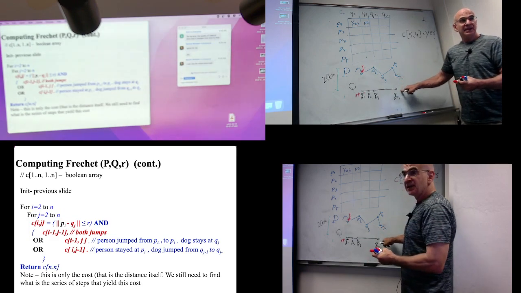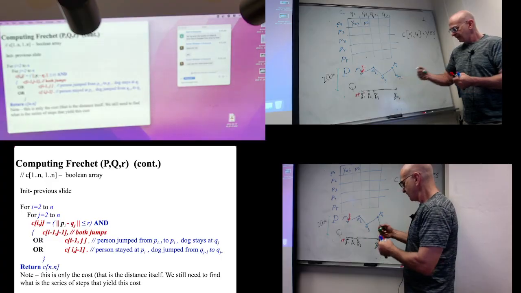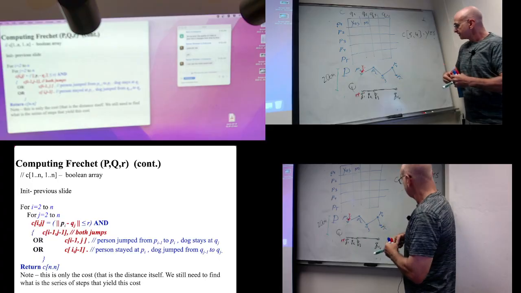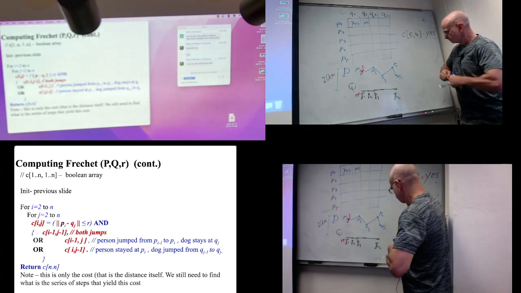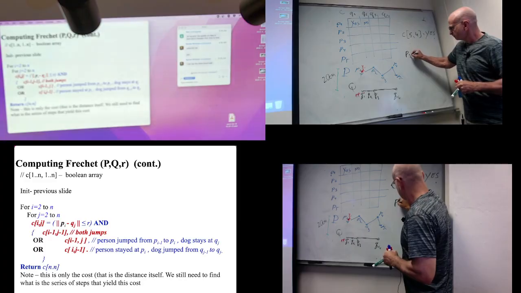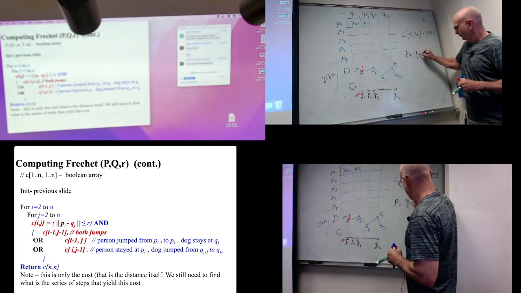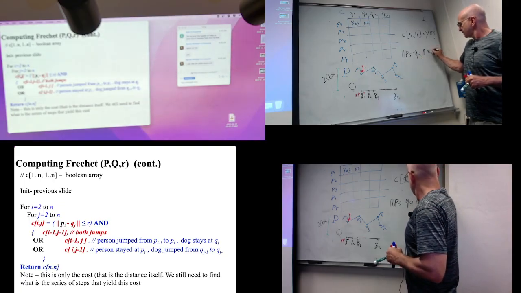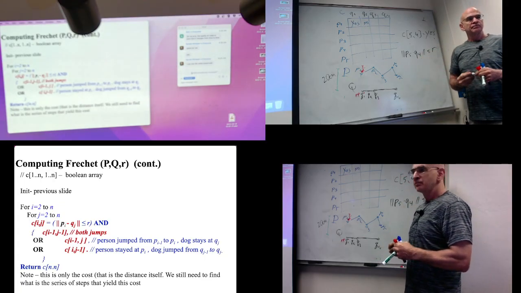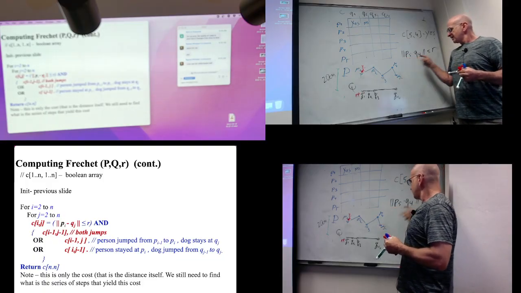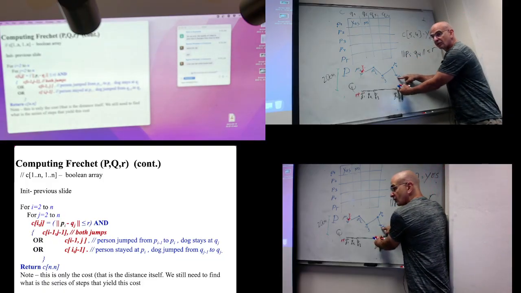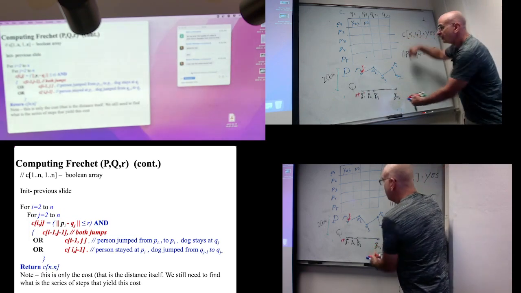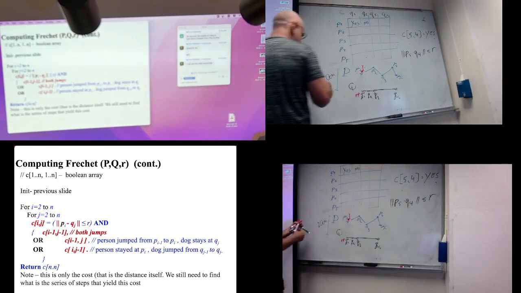So I first check the distance between P5 and Q4. Right? Check the distance P5 minus Q4, the distance between these two points, and check if this is less than R. And if the answer is no, these two vertices are already too far away. Let's write a different example.